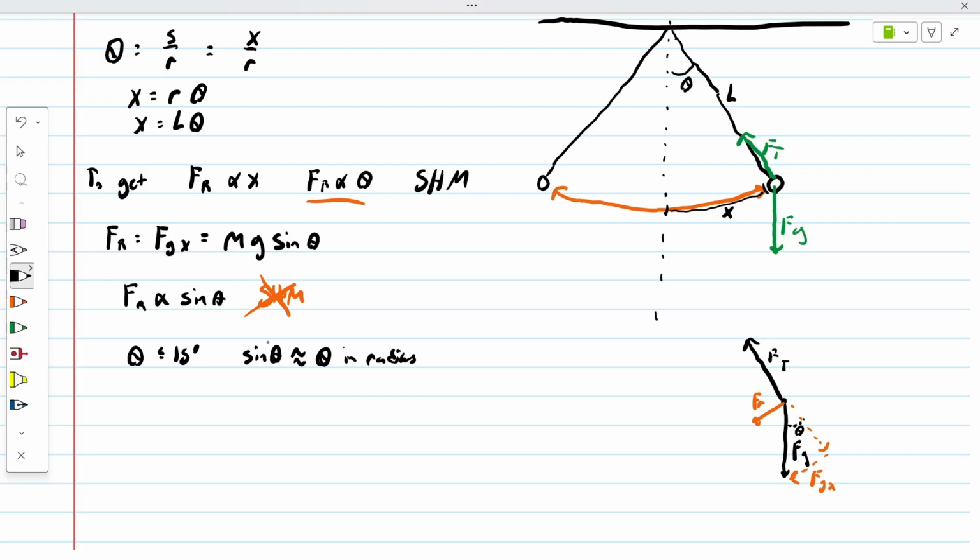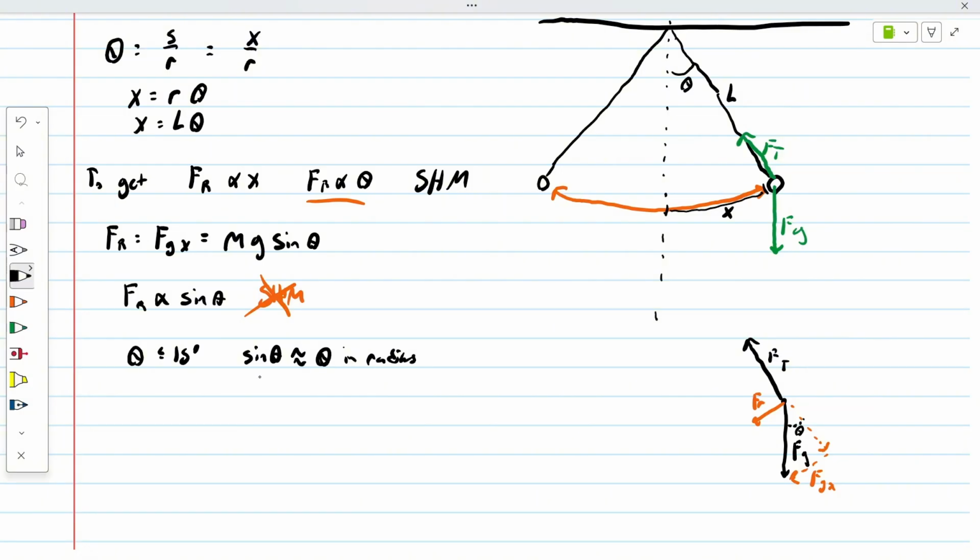And you can test it out. You have to use radians, or at least convert your degrees to radians, because the angle is not going to be in degrees, right? But you will get a radian value that is about equal to the sine of theta.